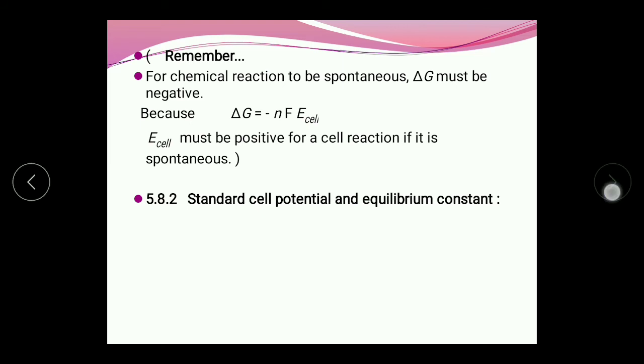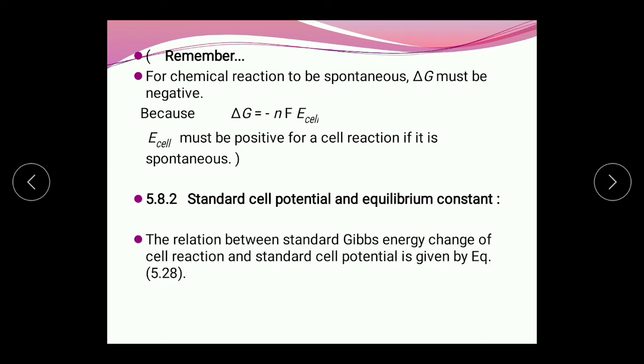Now, the relation between standard Gibbs energy change, that is delta G0, of a cell reaction and standard cell potential is given by equation 5.28. What is it? That is delta G0 equal to minus nF into E0 cell. The relation is this.